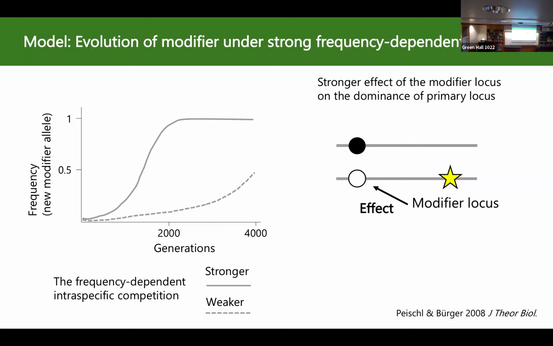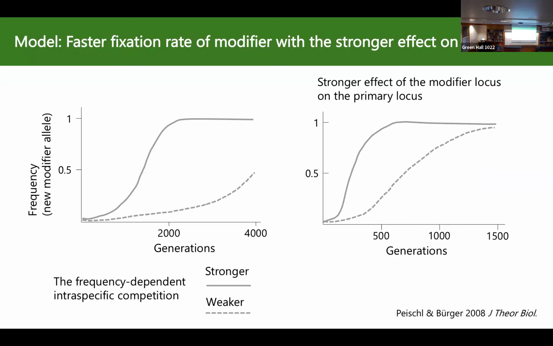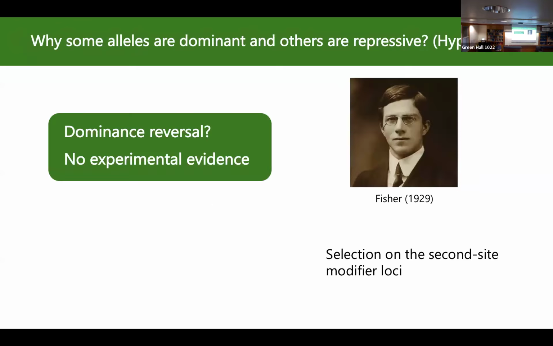They also examined another condition, the effect of the modifier locus on the primary locus. If the effect is stronger, the newly born modifier allele can be fixed faster. So there are many conditions or assumptions to support the existence of Fisher's modifier.